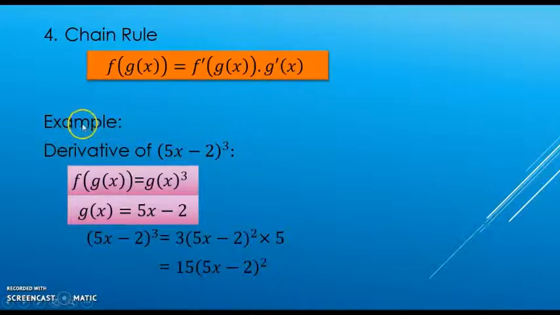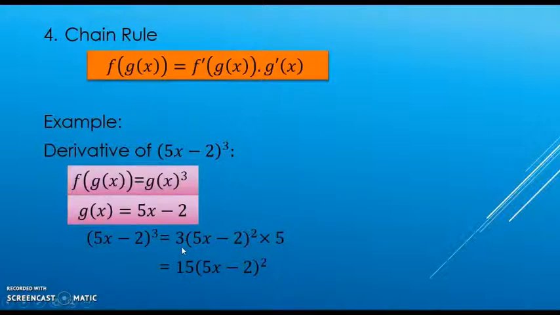Okay, let's see the example. The derivative of 5 times x minus 2 with the power of 3 is, so here we can see the outside function is the power of 3 and the inside function is 5 times x minus 2.